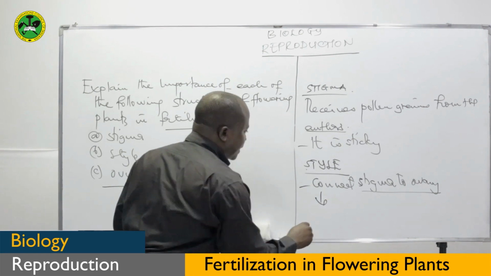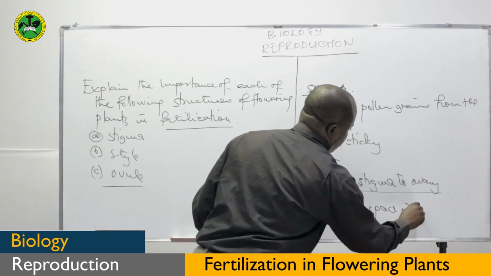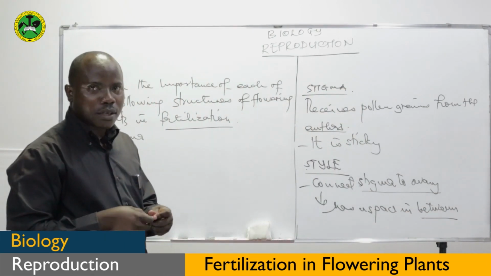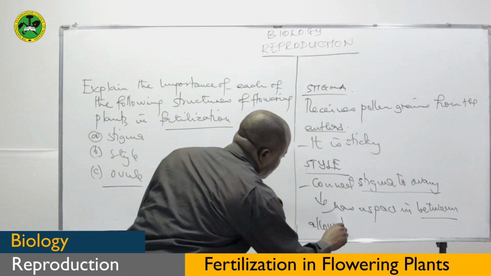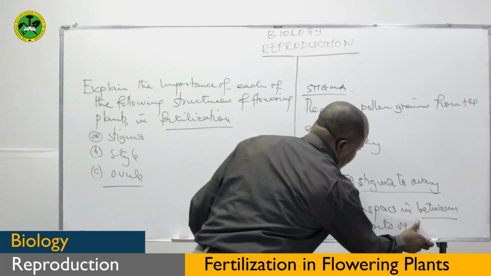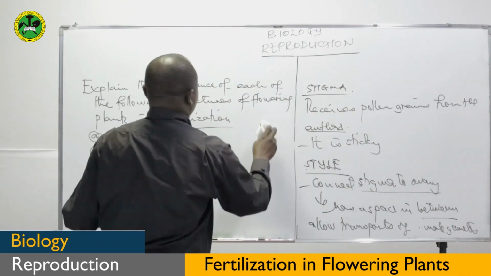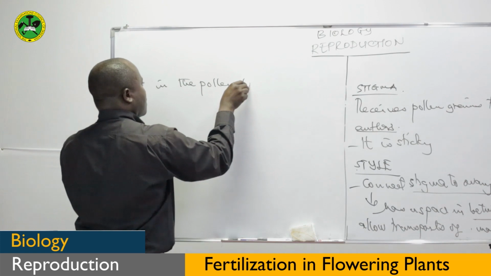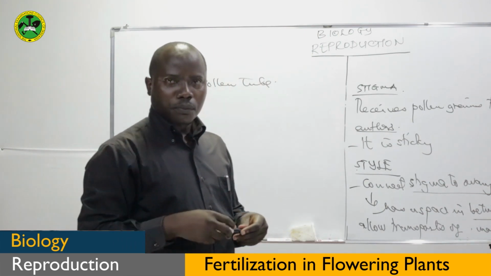The style has a space in between. This space allows the transportation of male gametes in the pollen tube. The male gametes are within the pollen tube.